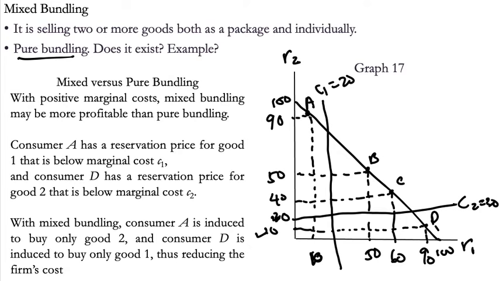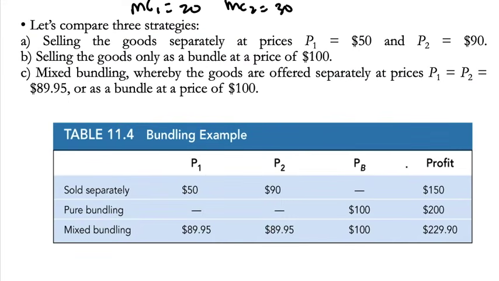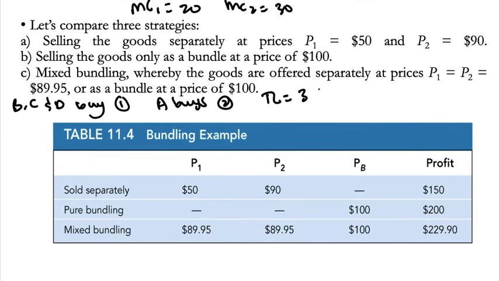So in this case, what's the total profit for the firm? If we know that persons B, C, and D buy good 1, and A buys good 2, profit will be equivalent to what? 3 people purchase good 1, sold at 50 minus cost 20.